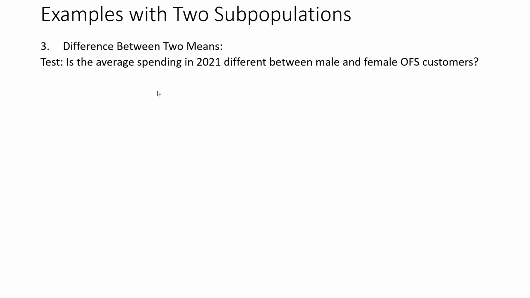In this example, we wanted to ask, is the average spending in 2021 different between male and female organic food superstore customers? In setting this up, it's really important that we set up two populations, and no one person or one entity can be in both subpopulations.